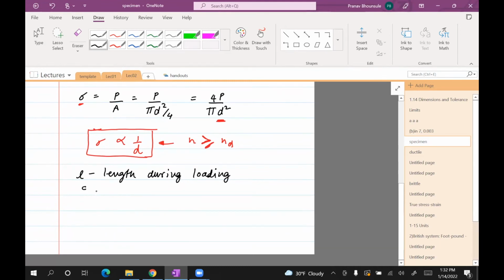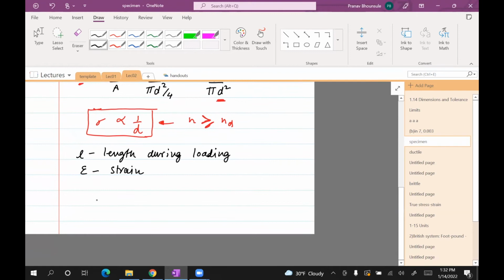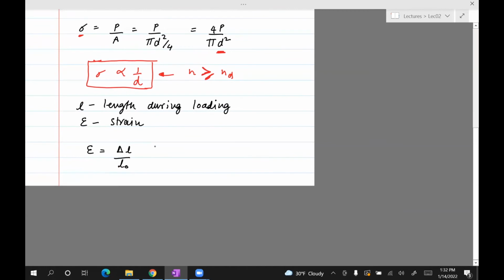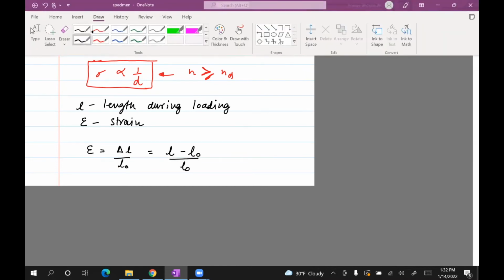And then let's define a quantity called strain, which you might have heard before. The strain is defined as the change in length divided by the original length. And the original length in this case is the gauge length of the specimen. So the change in length is the length during loading minus the original length, divided by L0. So that is the strain.